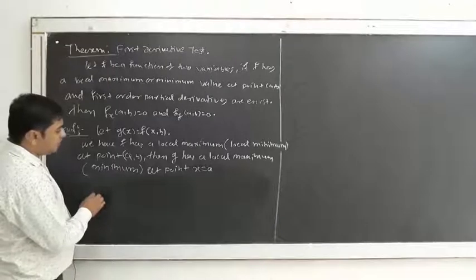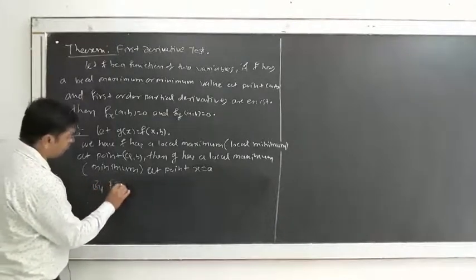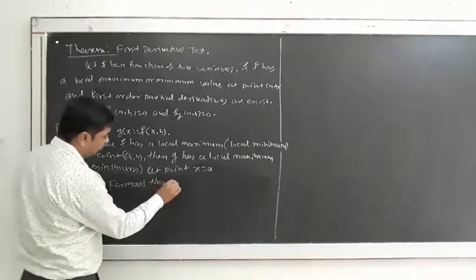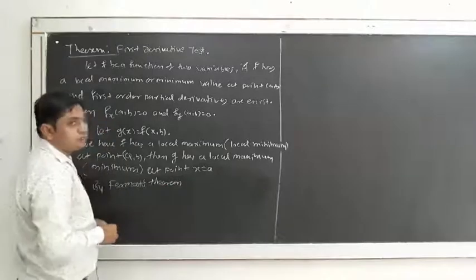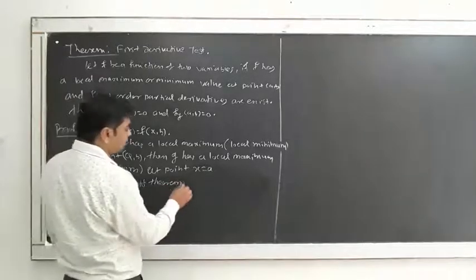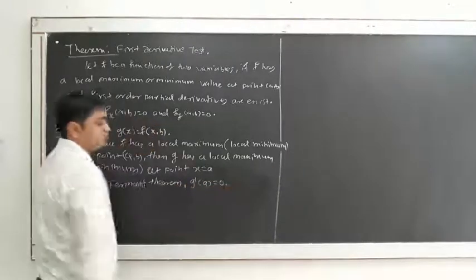So by Fermat's theorem for a function of one variable, which we have already seen, g'(a) is equal to 0.